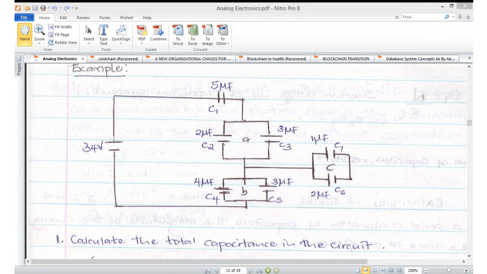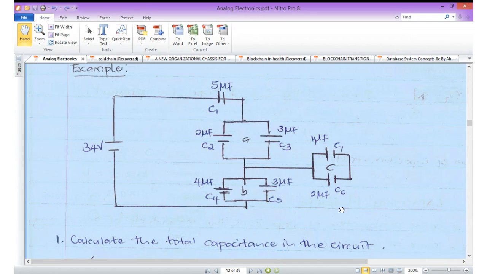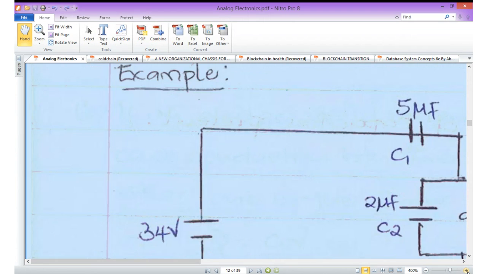So you just need to identify which ones are in series and which ones are in parallel.